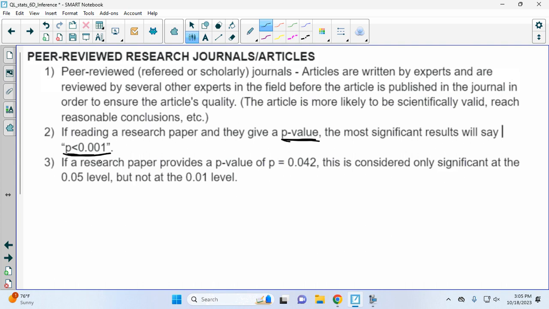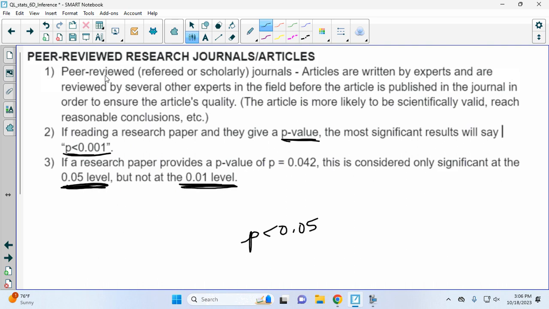If it says the p-value is less than 0.05, it's significant, but not quite as significant as 0.01 or 0.001. If a research paper provides a p-value of p equals 0.042, this is considered significant at the 0.05 level, but it's not at the 0.01 level.